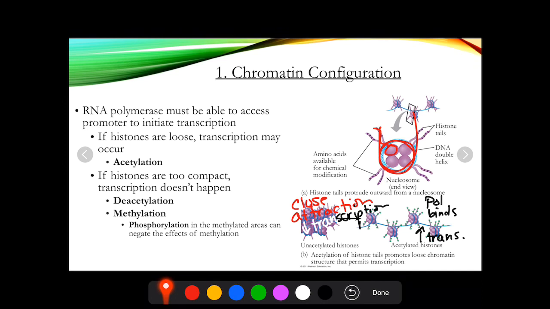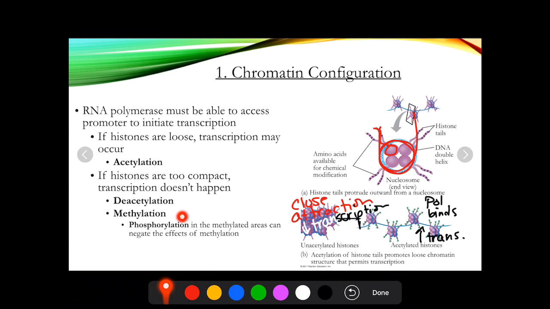Okay? All right. I thought the book did a pretty poor job of explaining this, so let's go through it. If histones are loose, transcription occurs. Acetylation encourages that process. Acetylation loosens the histones and allows transcription to occur. On the flip side of that, deacetylation and methylation increases how compact they are.